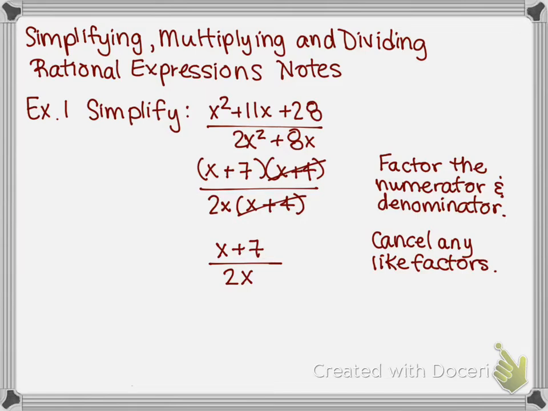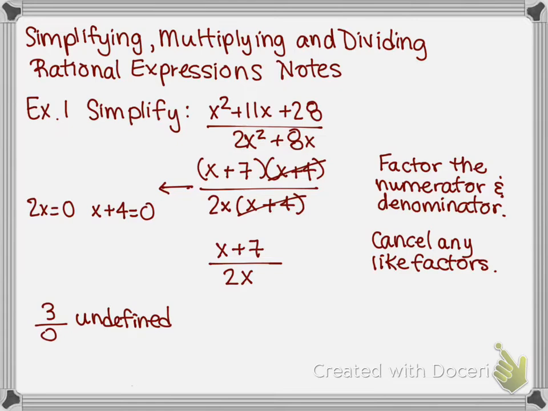Basically, a fraction is undefined if the denominator equals 0. So for example, if I had 3 divided by 0, this would be undefined. So let's take a look at this step here. Let's look at the denominator. I have a factor of 2x, and I have a factor of x plus 4. If either factor in the denominator equaled 0, this expression would be undefined.